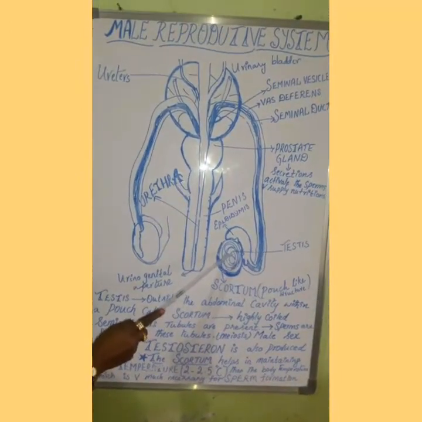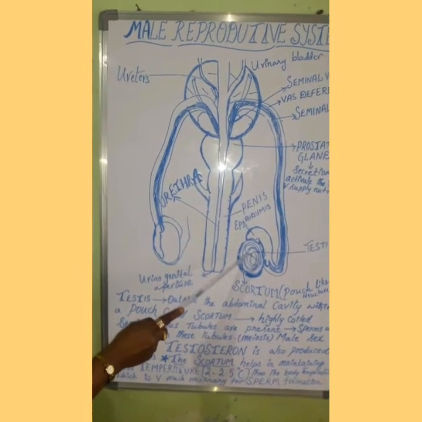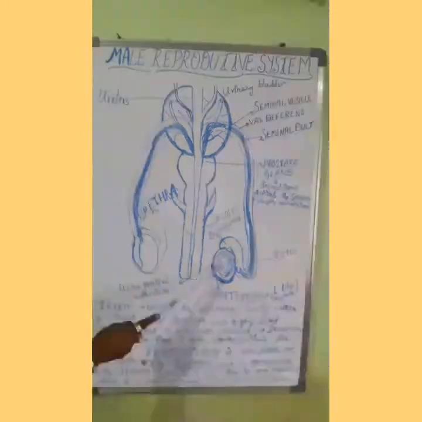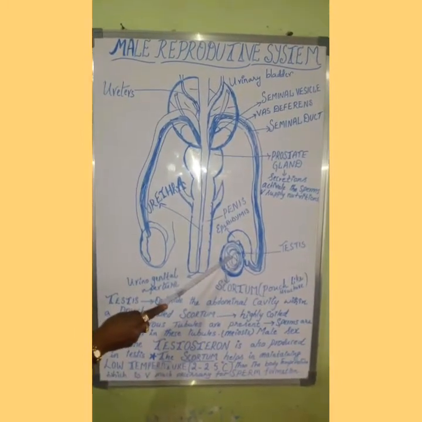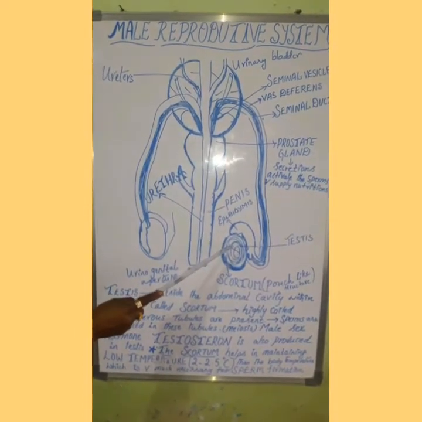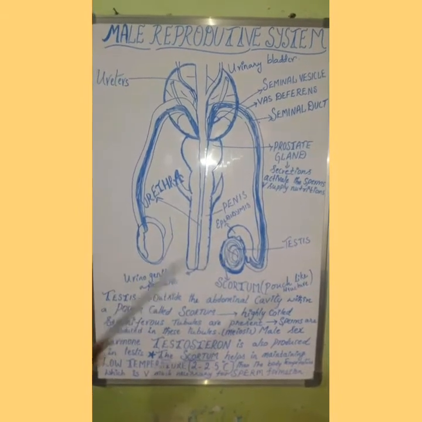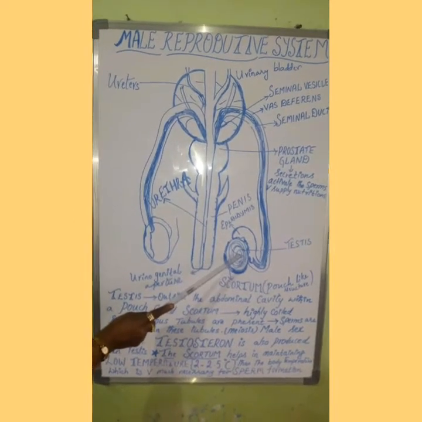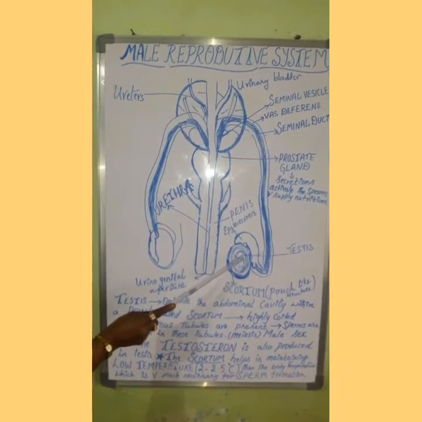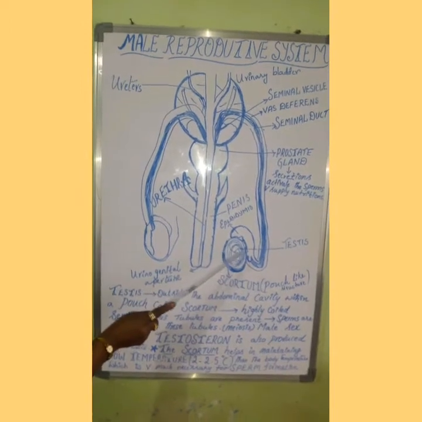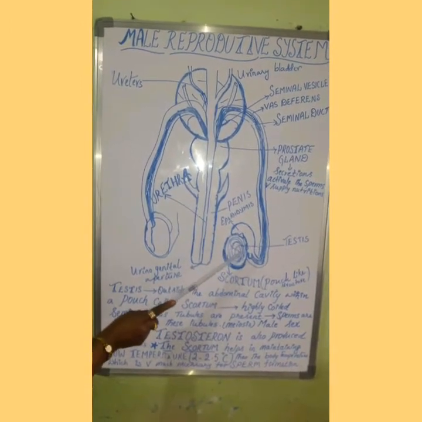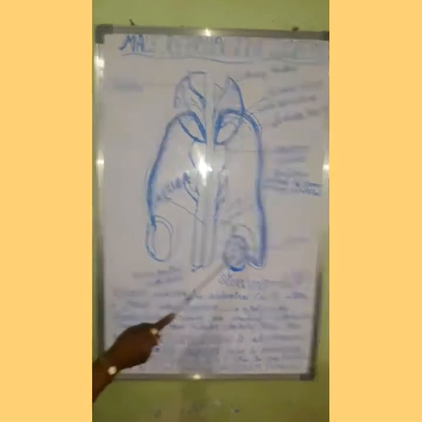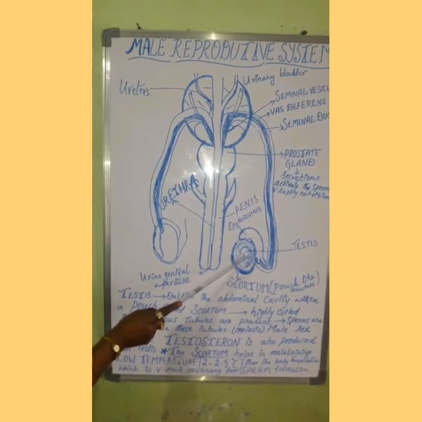Each testis has highly coiled seminiferous tubules. These seminiferous tubules produce sperms by meiosis cell division.